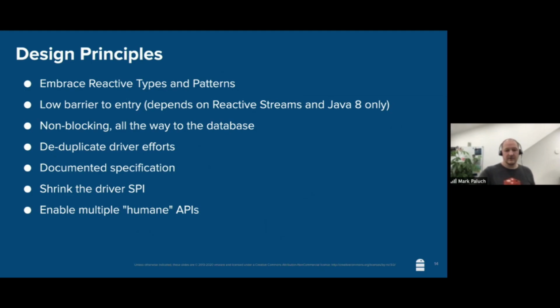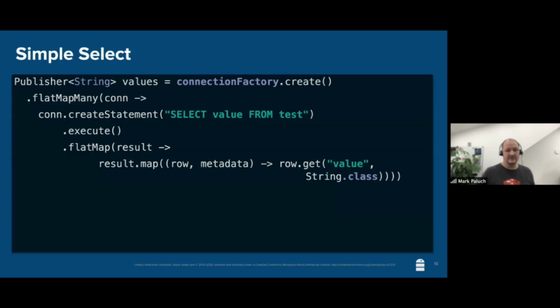Let me show you how R2DBC is being used with a little bit of example code. It all starts with a connection factory, and you create a connection from a connection factory. Once the connection is done, we create a statement on that connection and execute it, and a statement can return one to many result objects.